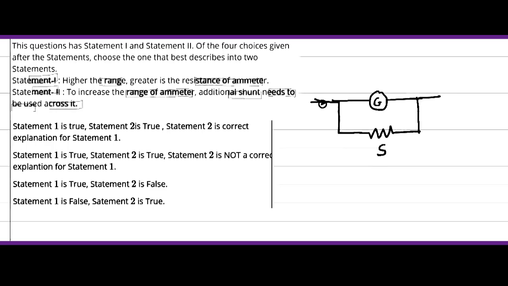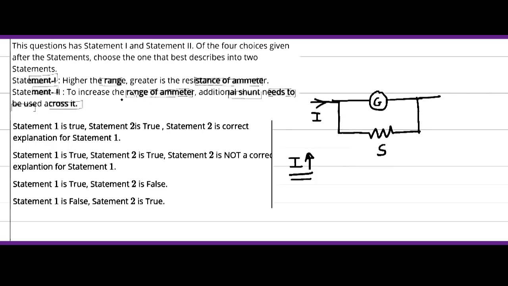Consider the ammeter has current I initially, and we want to increase the range. That means we want to increase the magnitude of current. This is the purpose. So what will we have to change? The shunt resistance.